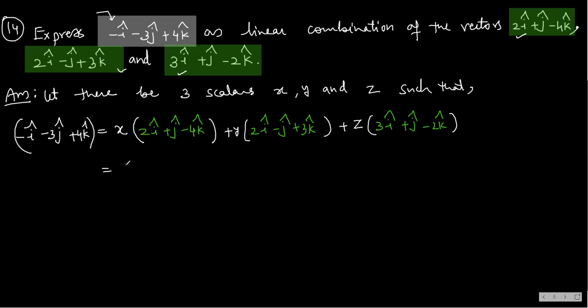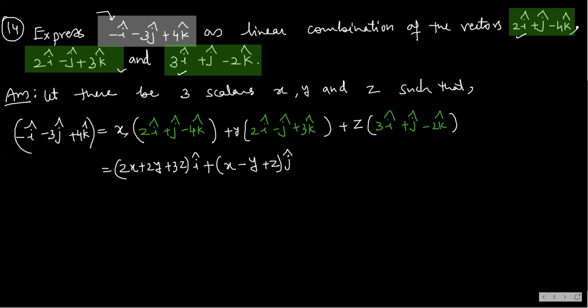Okay, then I'll be taking i cap common from these three. When I do that, I will get 2x plus 2y plus 3z times i cap, then plus, when I multiply, this will get me x times j cap, minus y times j cap, and z times j cap.